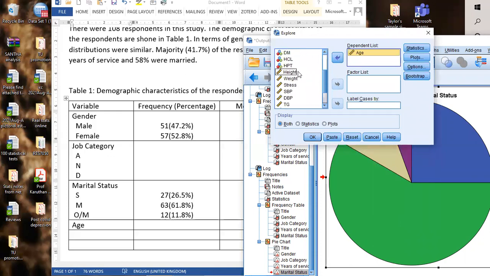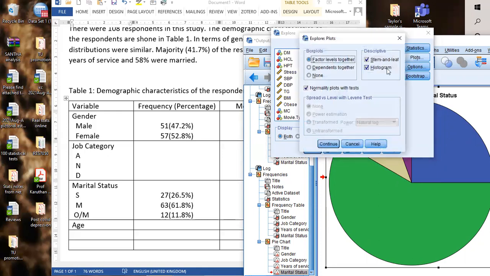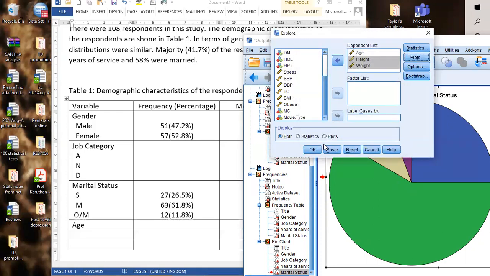Okay, let's say I use weight and height. These two also. I can still do all three in one go. If you want normality, that's fine. Click OK.